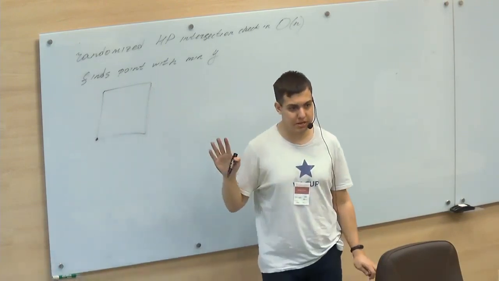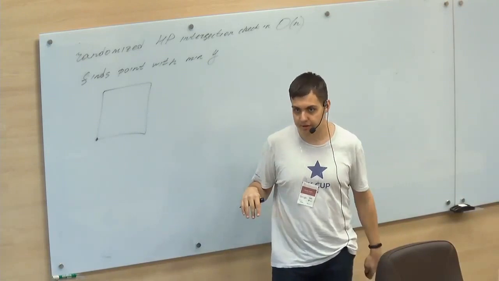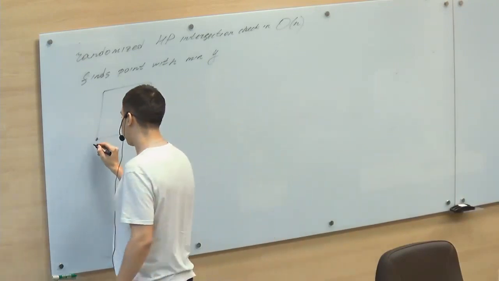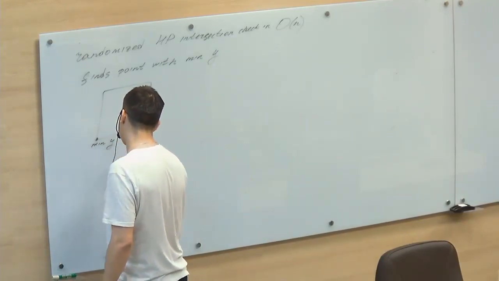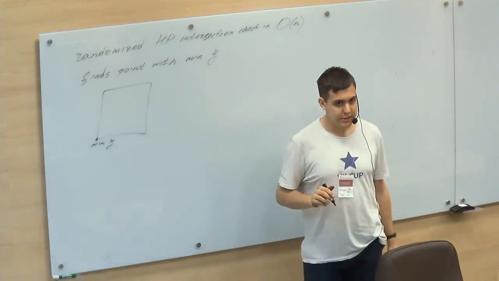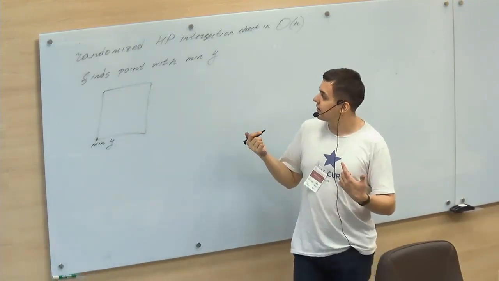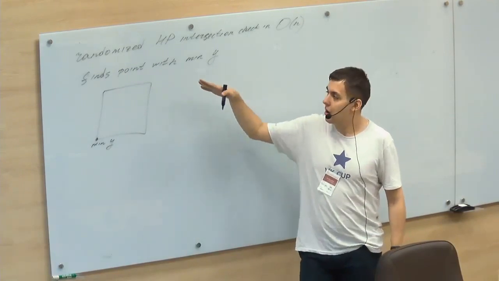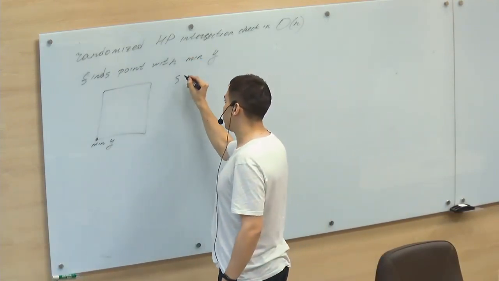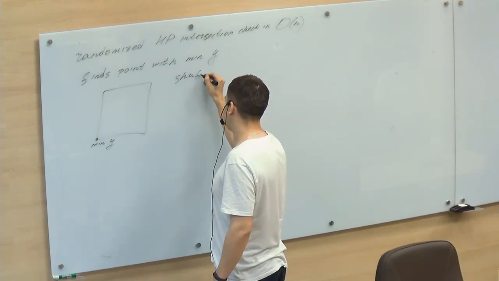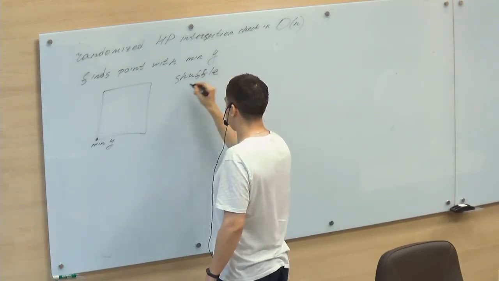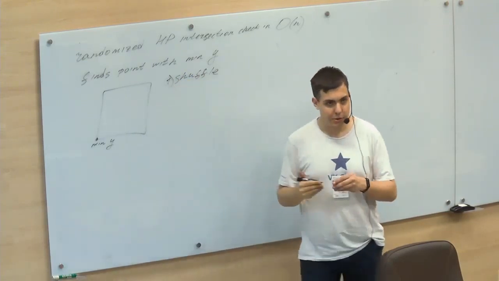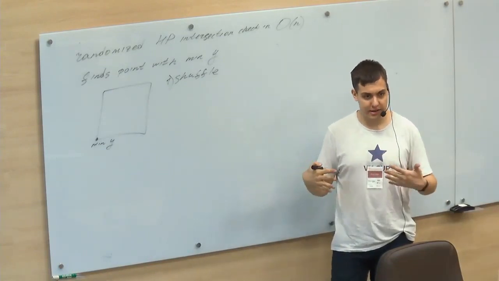This is the point with the minimum y. And as usual, we will shuffle all the half planes we have, and we'll add them one by one in this random order.